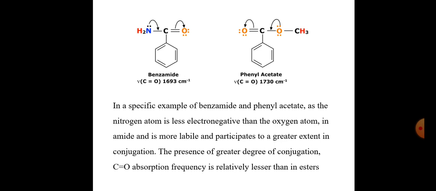With this greater degree of conjugation, the carbonyl absorption frequency is lower than in esters. Benzamide absorbs the carbonyl frequency at 1693 cm⁻¹. Phenyl acetate absorbs the carbonyl stretching frequency at 1730 cm⁻¹.